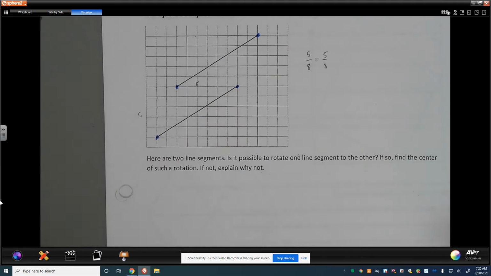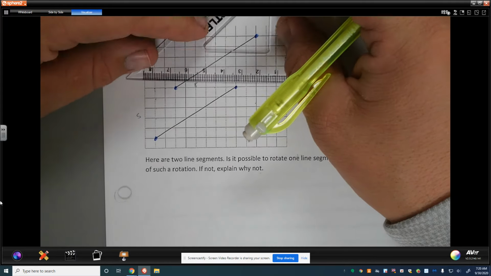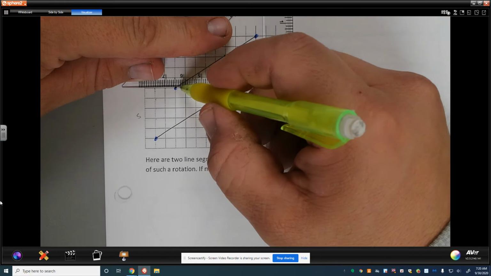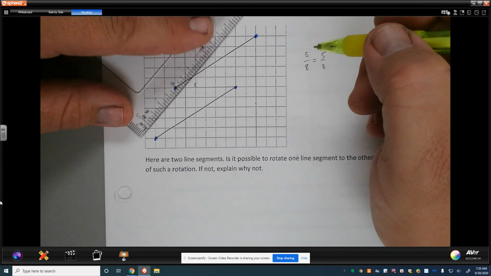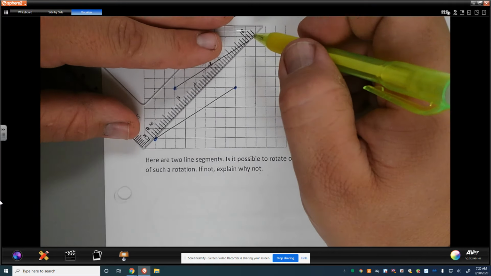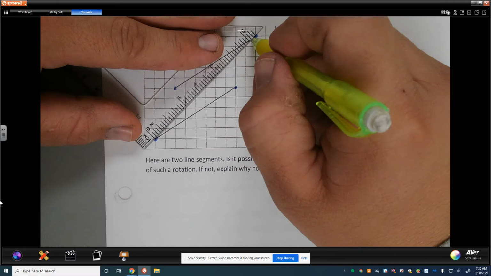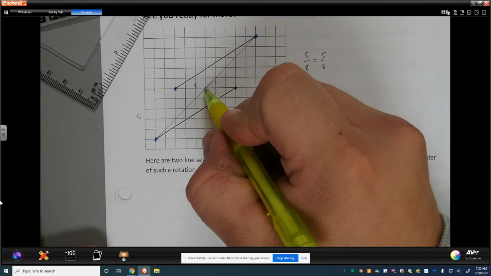That tells me that these two figures, these two segments are parallel, which means, well, check this out. If I come between these two and think about the line that connects these two pieces, and I come back to these two and I think about the line that connects these two pieces, we should see one common point where these segments intersect.